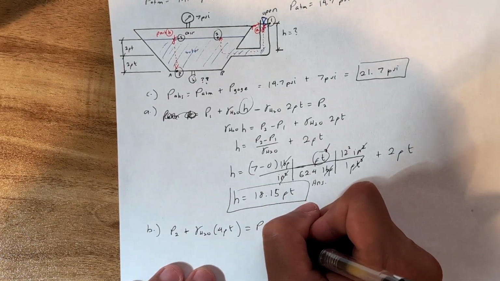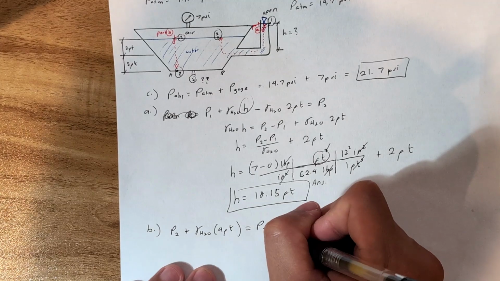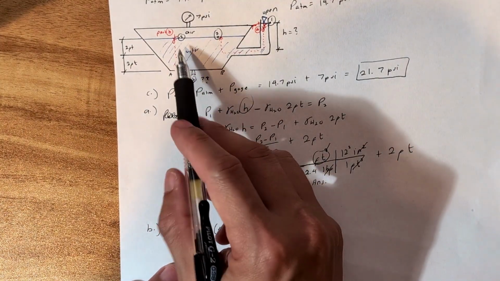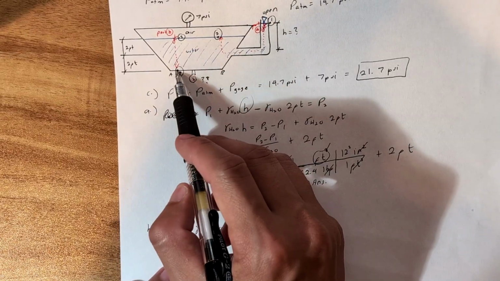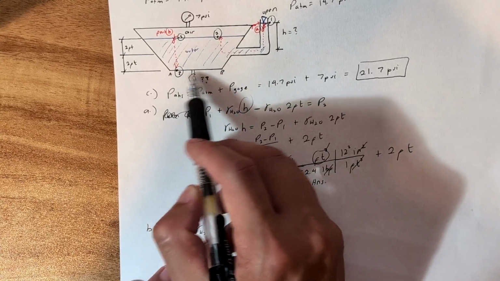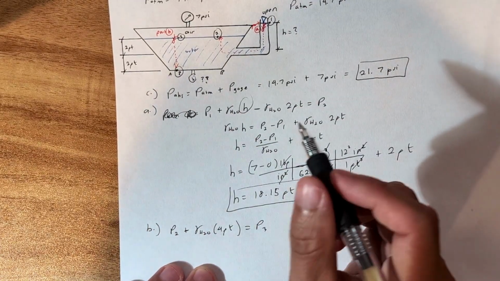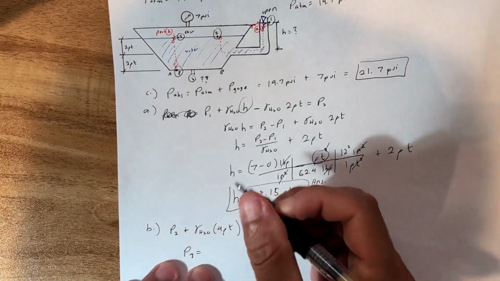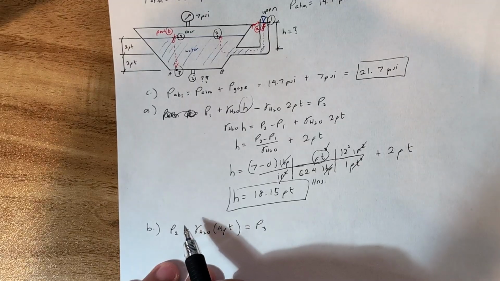P3, which is the pressure that this surface is feeling. So if you swim from up here to down here, what is the pressure that you're going to be feeling once you're at this surface right here? So that's what we want. And P3 equals, we already got our P2.